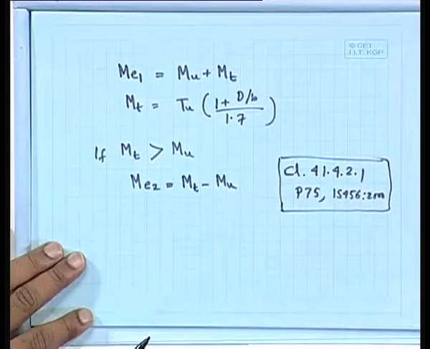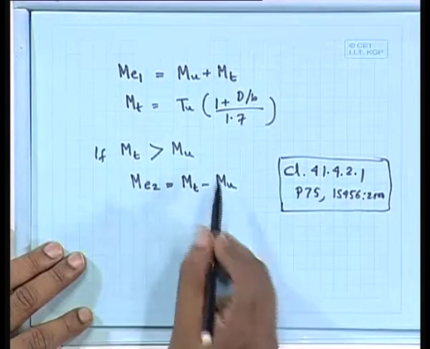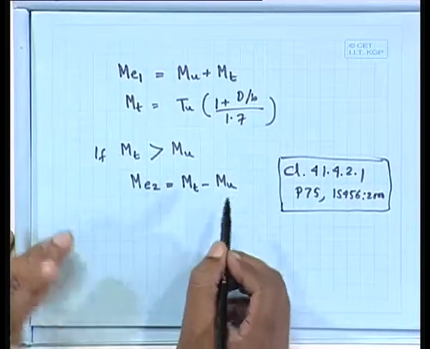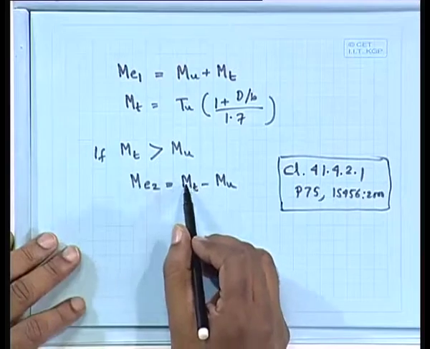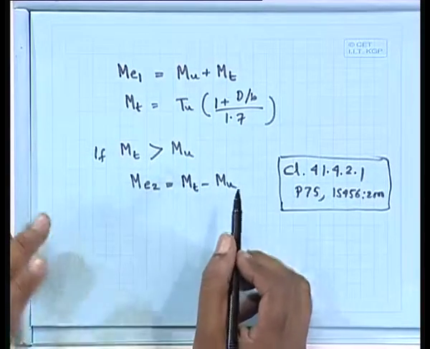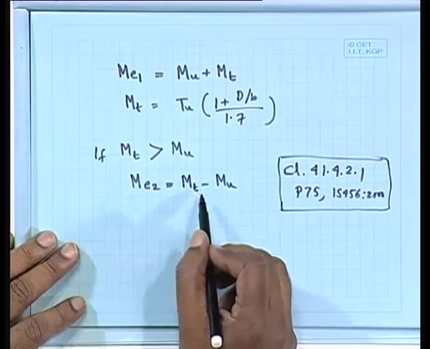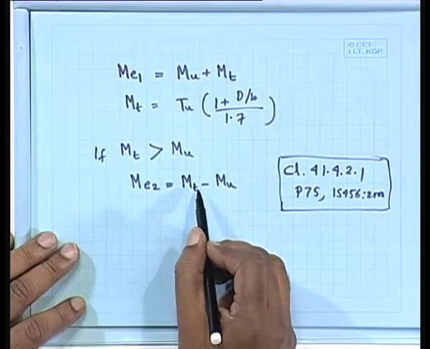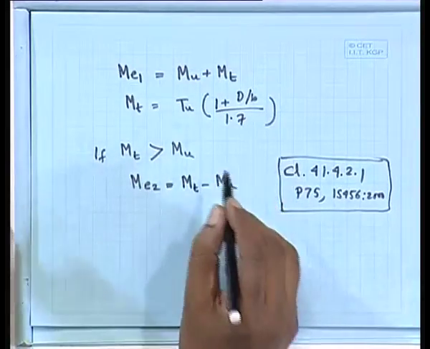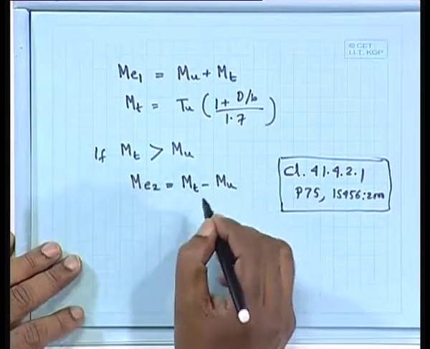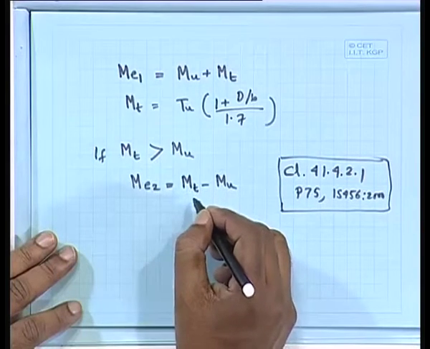But I have seen in at least one other book, by Professor Varghese, ex-professor of IIT Kanpur, Limit State Design of Reinforced Concrete Structures, that he prefers not to check whether Mt is greater than or less than Mu. Even if it is less, let us provide the top reinforcement taking only Mt.